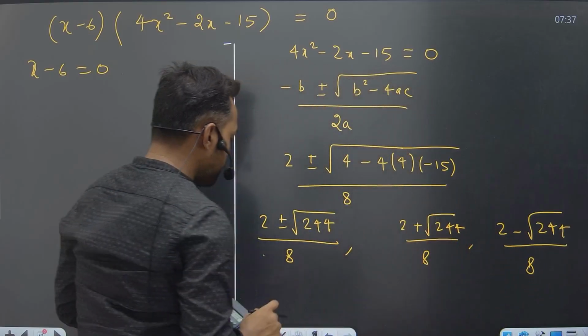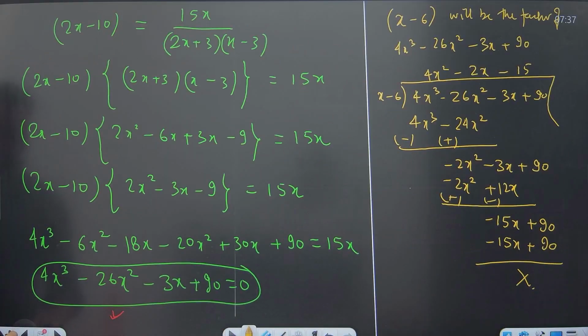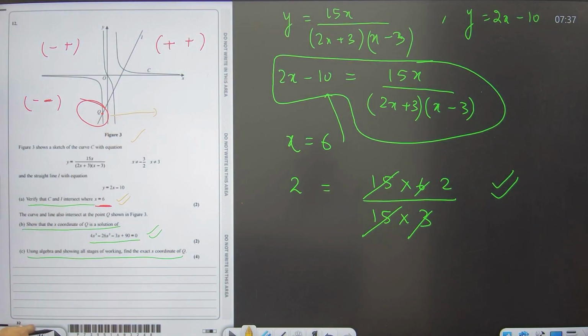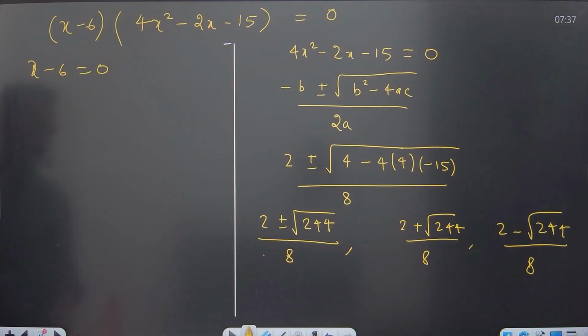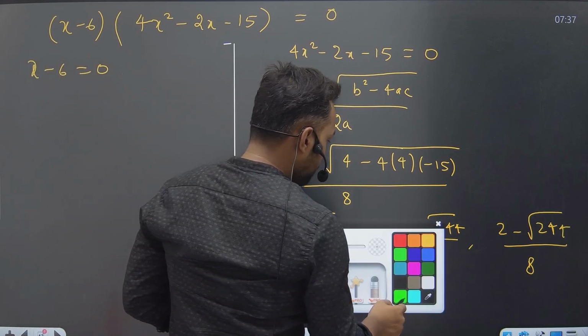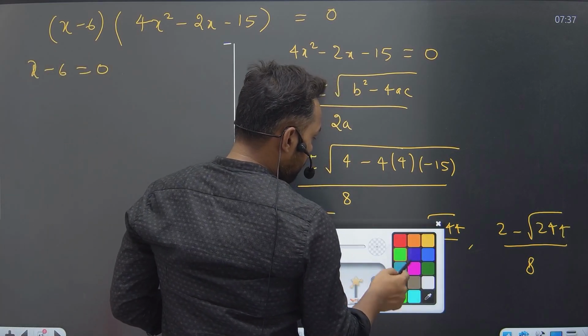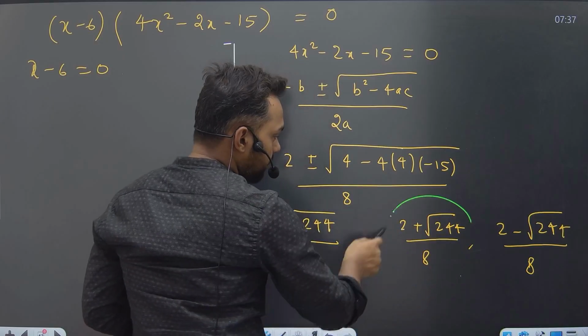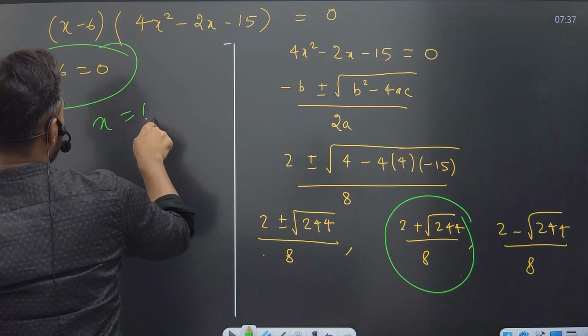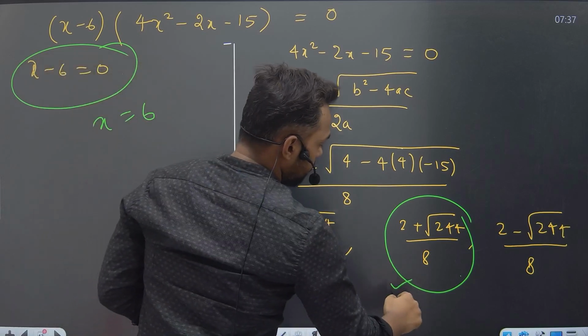Now I have already told you that Q is in the third quadrant, so the x coordinate will be negative. What will be the x coordinate, student? It will be negative. So this is a positive value, this is a positive value. Here you will get x equal to 6, and this is one of the positive values.